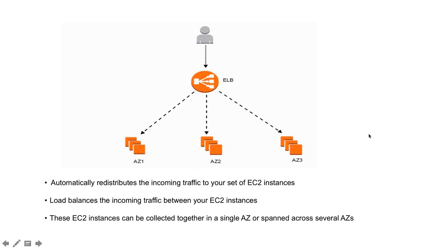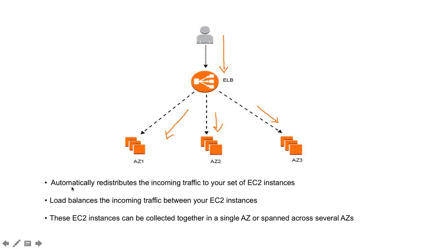You will have a load balancer sitting in the middle. Let's suppose this is a user on the top. He will send the traffic to your designated load balancer. This load balancer will further distribute the traffic to the set of instances running in different availability zones.